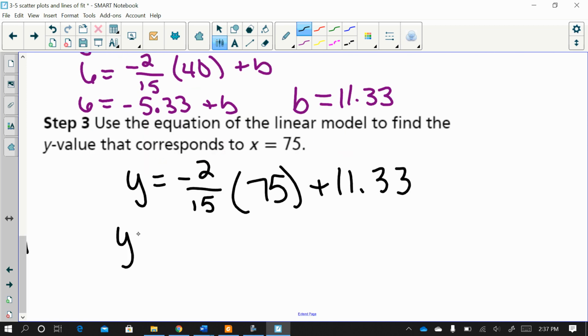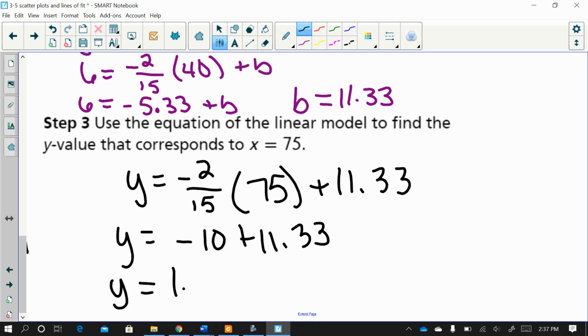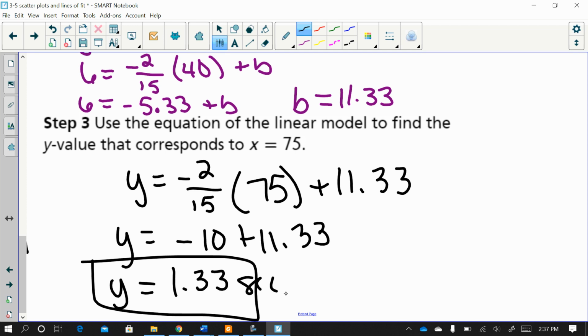Negative 2 over 15 times 75 is equal to negative 10, plus 11.33. So y equals 1.33. So if my internet speed is 75, it'll take about 1.33 seconds to download. So that's time.